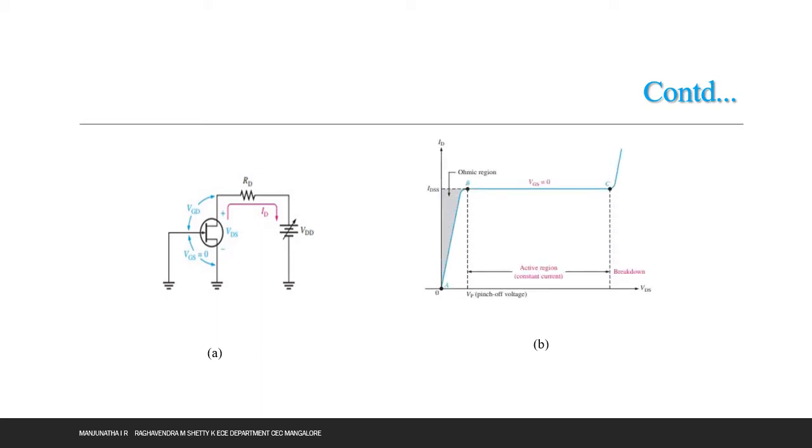Now I am going to talk about the drain characteristic curve. Coming to figure A, the voltage between the gate and source is 0, that is VGG is equal to 0 volts. Still we are giving a voltage from VDD between the drain and source.